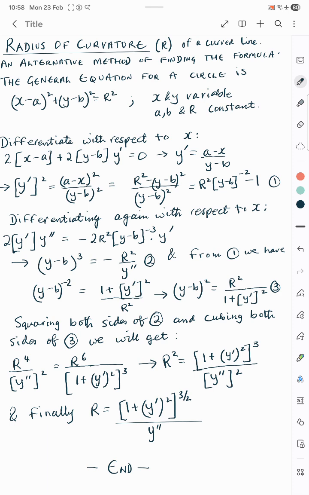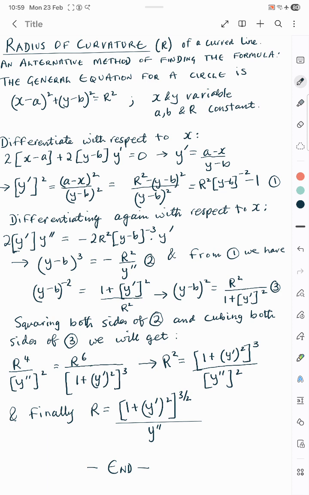So I'm now going to square both sides of 2 and cube both sides of 3, and what we'll end up with is the following equation: r⁴/(d²y/dx²)² equals r⁶/(1 + (dy/dx)²)³. And that means, after simplifying, we'll get r² = (1 + (dy/dx)²)³/(d²y/dx²)².